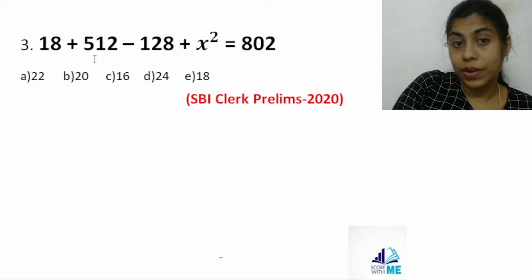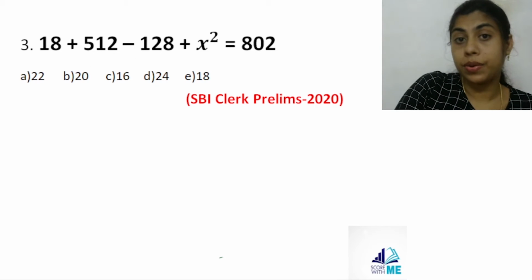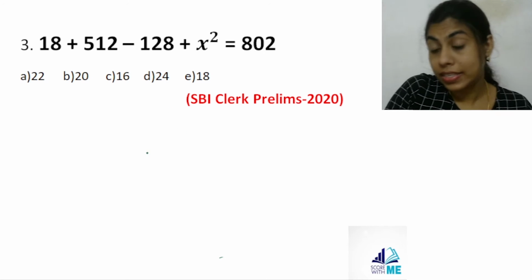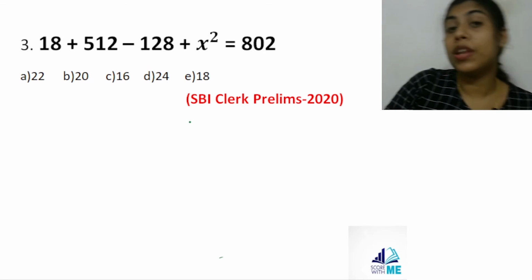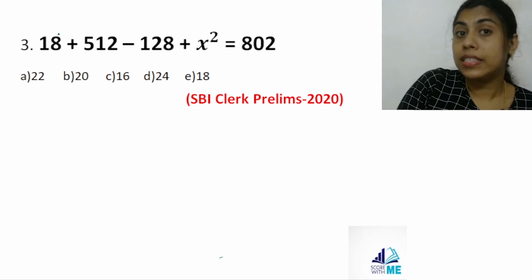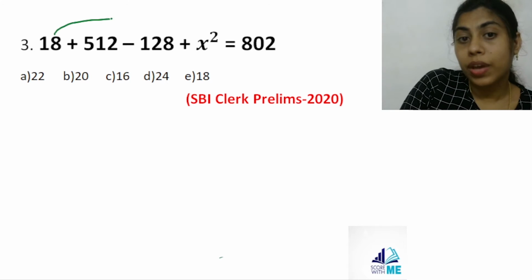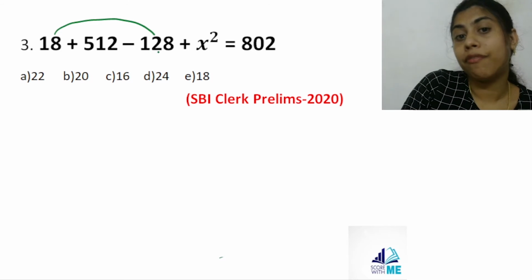Getting into the third question: 18 plus 5 and 2 minus 128 plus x square is equal to 802. This question involves x square. Remember, we need to find the value of x, not x square. So first let us simplify the similar numbers having the same units place. 18 is there and here we have 128.